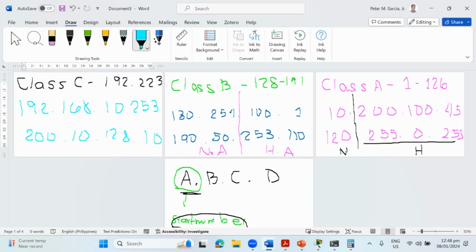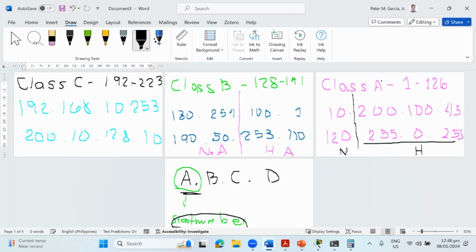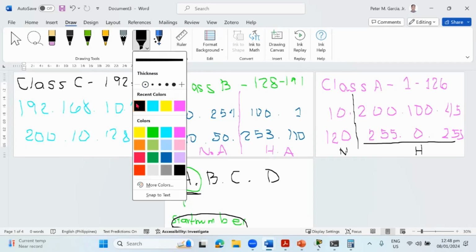So class C, basta ang starting number nyo ay 192 to 223, class C tayo. Basta starting number. So class A, ang starting number nyo 1 to 126, class B 128 to 191, and class C ay 192 to 223.